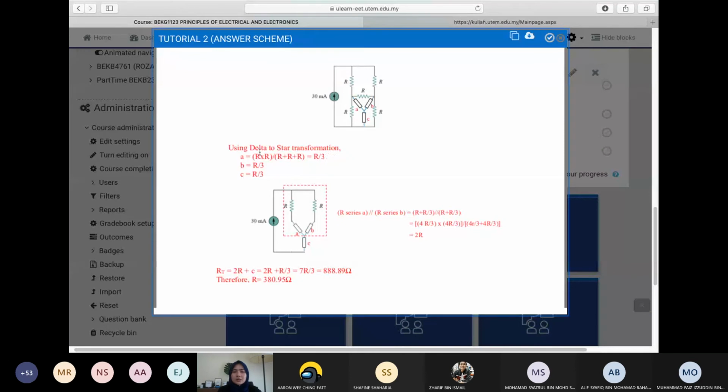If you simplify this, you will get R over 3. For RB and also RC, the equation is the same. RB is R over 3, RC is also R over 3.